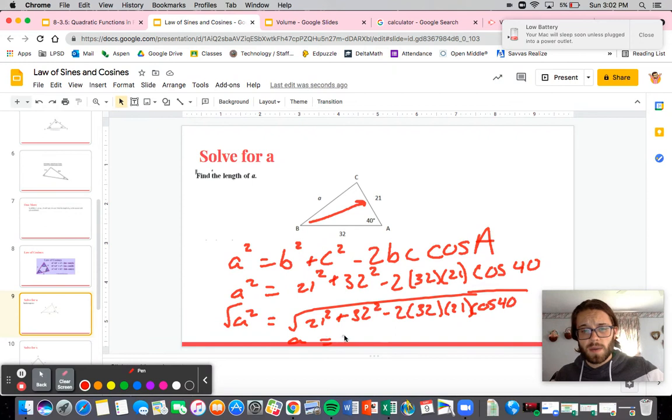So A is going to be, by the way, I didn't do plus minus because it doesn't make sense for me to have a negative side length. So let's plug this in. The square root of 21 squared plus 32 squared minus 2 times 32 times 21 times cosine of 40.